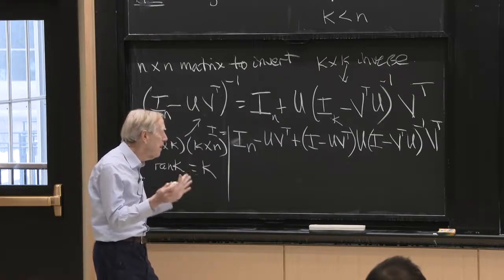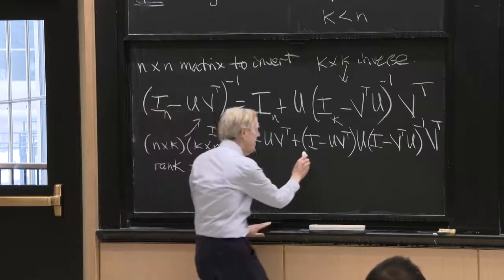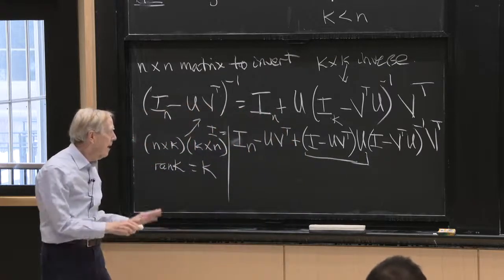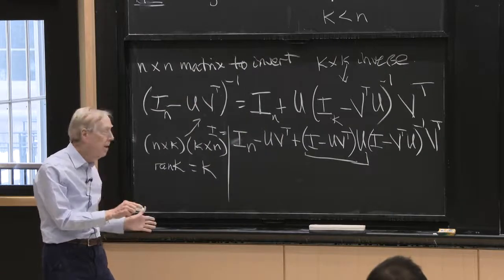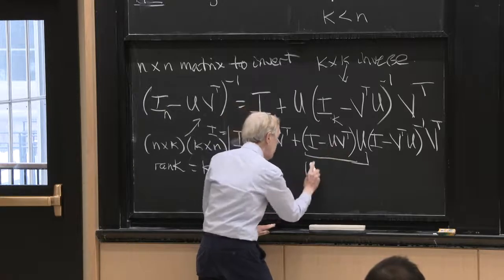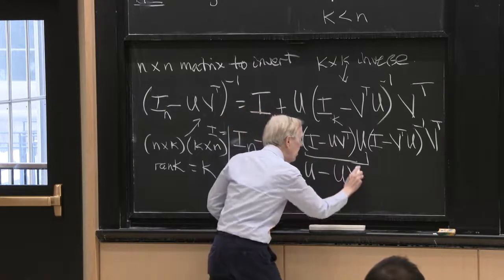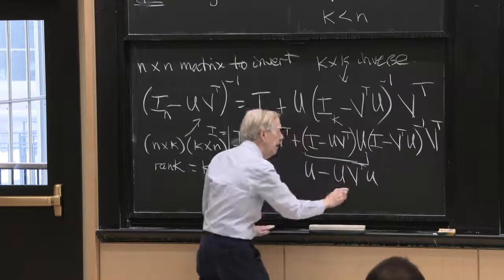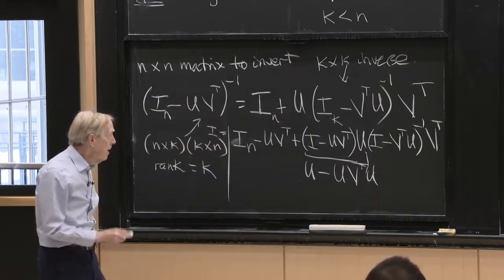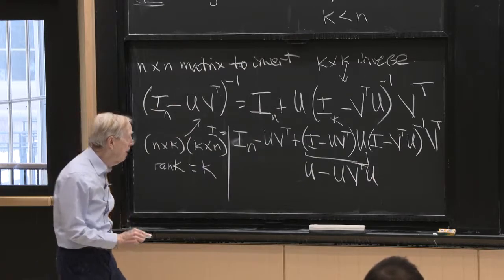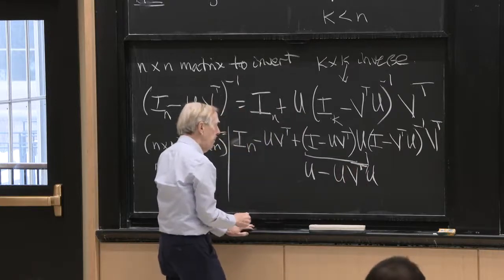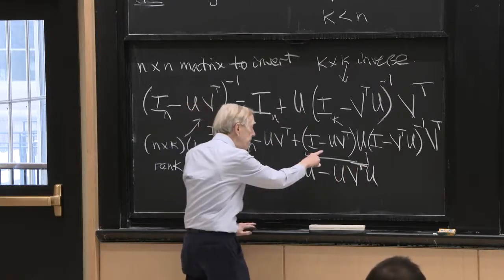The trick is going to be that this dopey looking thing there can be written differently. Well, just tell me what it equals. It equals U minus U V transpose U, right? Everybody sees that. But now, what am I going to do? I'm going to put the parentheses differently.